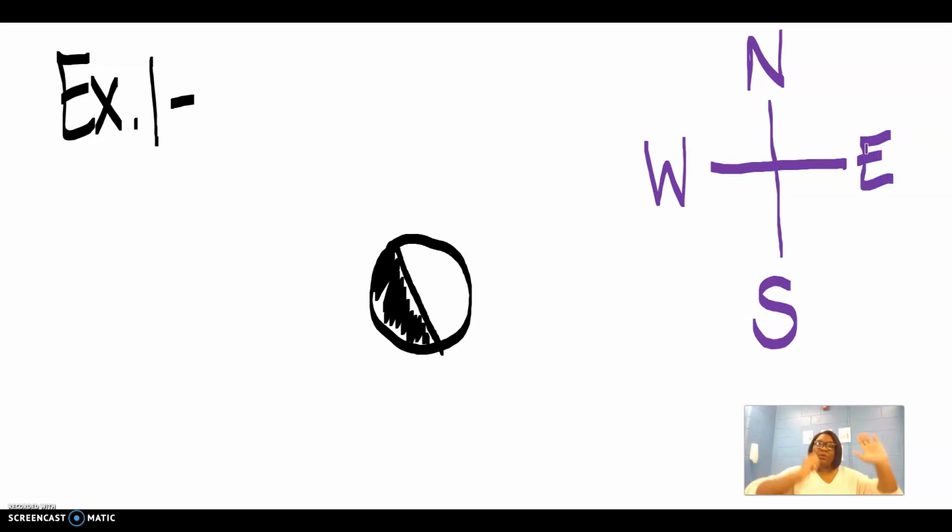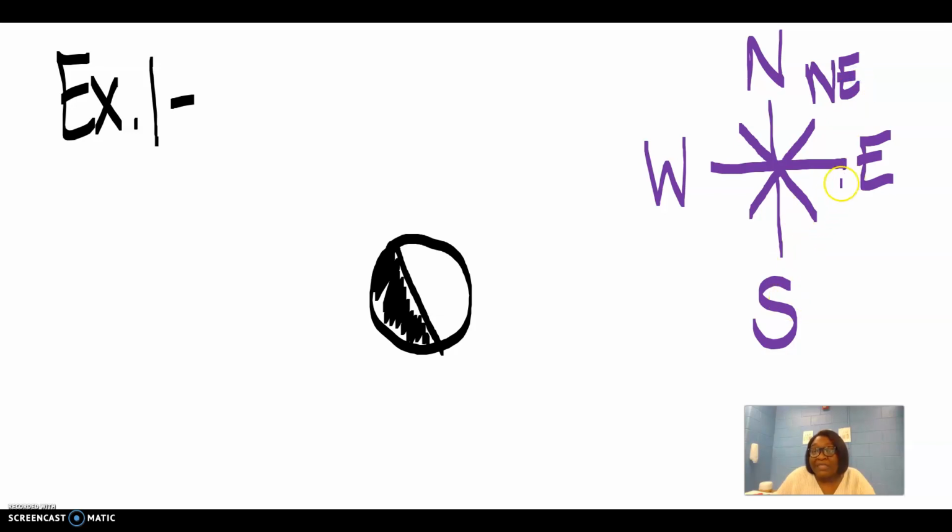North, south, west, east. Never eat soggy waffles. Have you heard that before? So you can remember your cardinal directions. But we also want to make sure we label our secondary directions. If this is north and this is east, this is northeast. If this is south and this is east, this is southeast, southwest, and northwest.